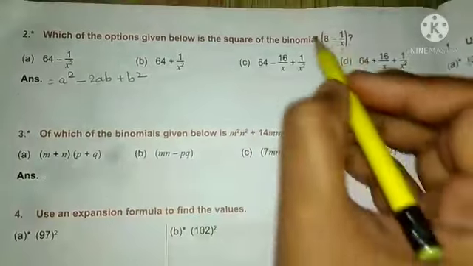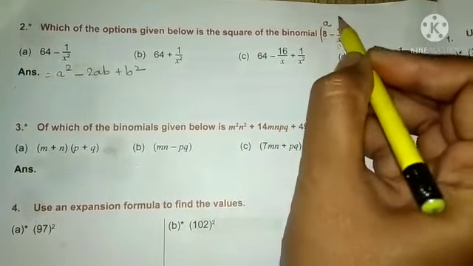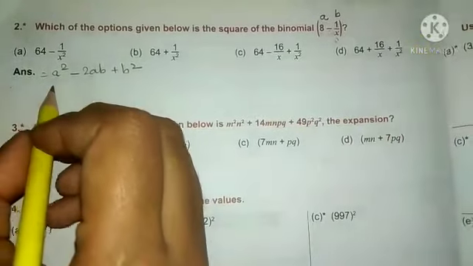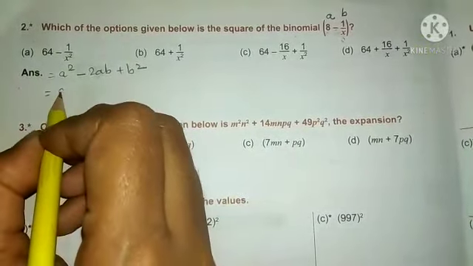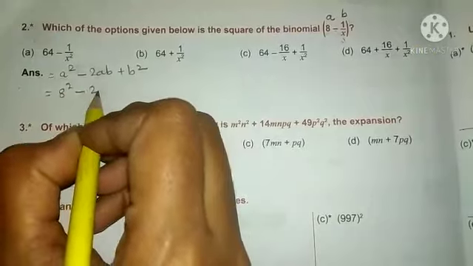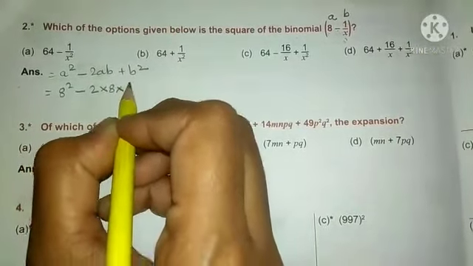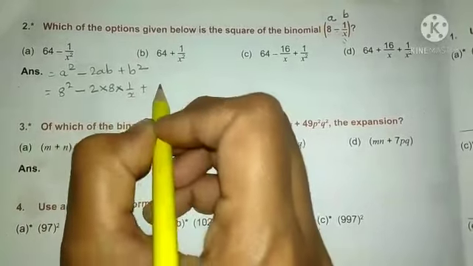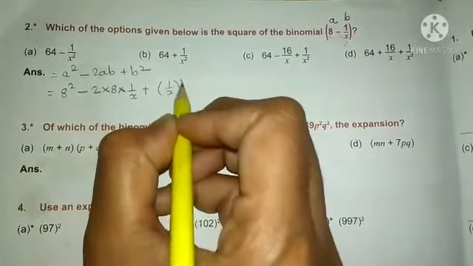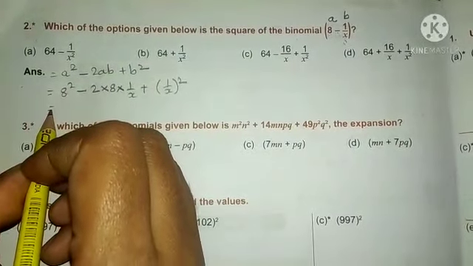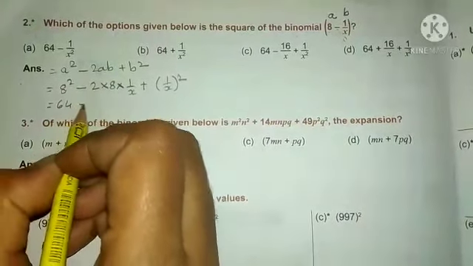Clear? Now in the place of a you will use 8 and in the place of b you will use 1 upon x. Now a square means you will write 8 square, minus 2 will come as it is, multiplied by a means 8, b means 1 upon x, plus b square means (1 upon x) square. Now 8 8s are 64, minus.